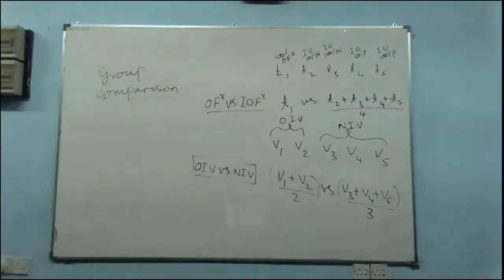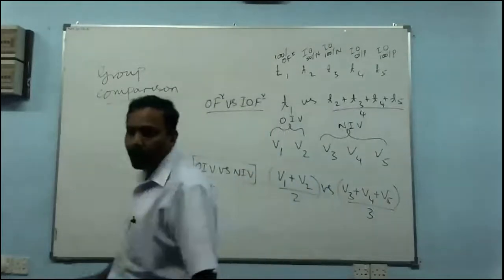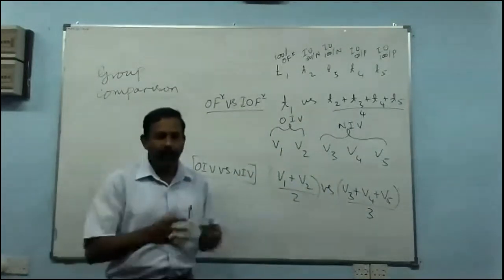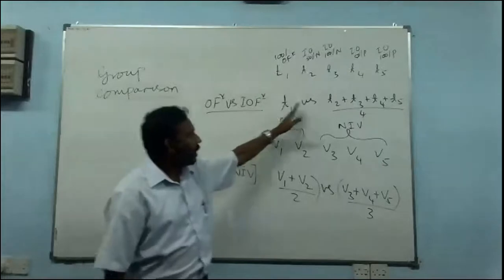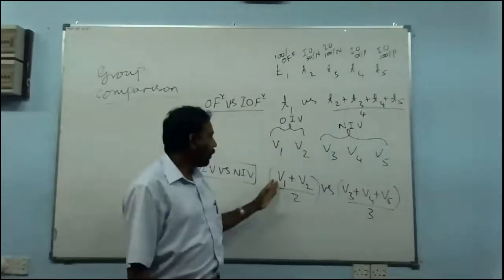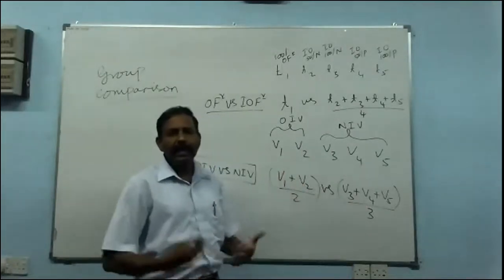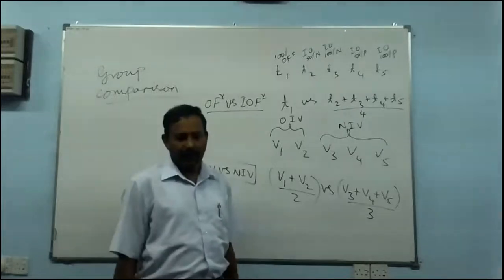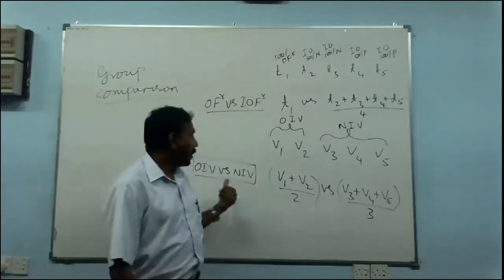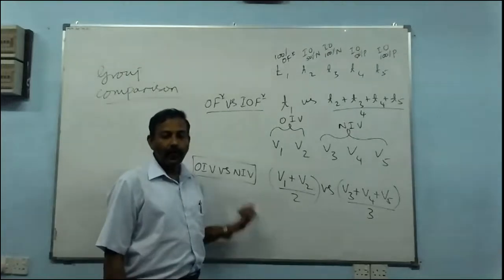Okay. Group comparison. So we are going to compare groups. At a time we consider groups. So this is one setup: T1 versus the rest. Here V1, V2 versus the rest. We can have any kind of comparison for the group comparison. Keep in mind, this group comparison is called orthogonal comparison.